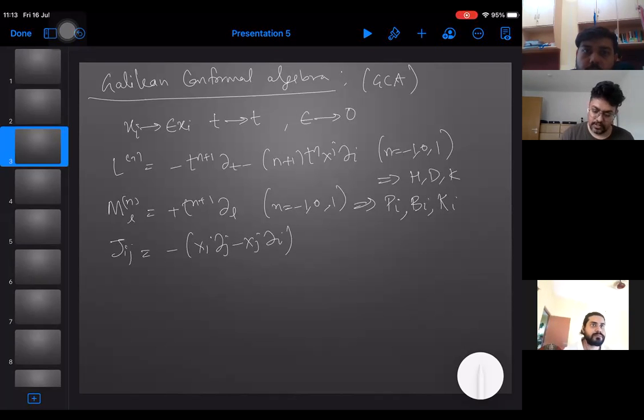So here the commutator in this case then becomes this, which is true for any dimension.